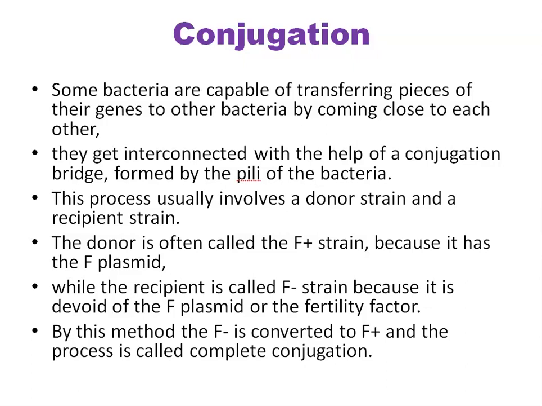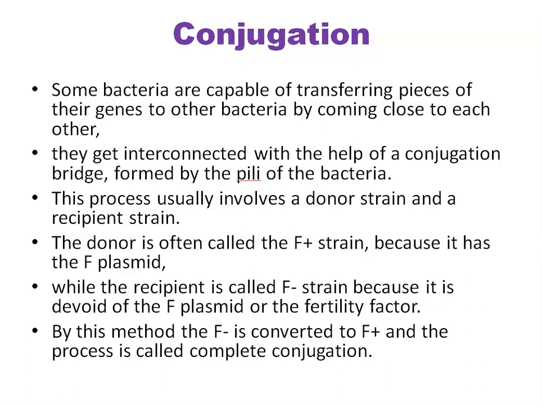When they come close to each other, they get interconnected with the help of a conjugation bridge, right? This process usually involves a donor strain and a recipient strain. Donor is often called F plus strain because it has F plasmid, while the recipient is called F minus strain because it lacks F plasmid or fertility factor.